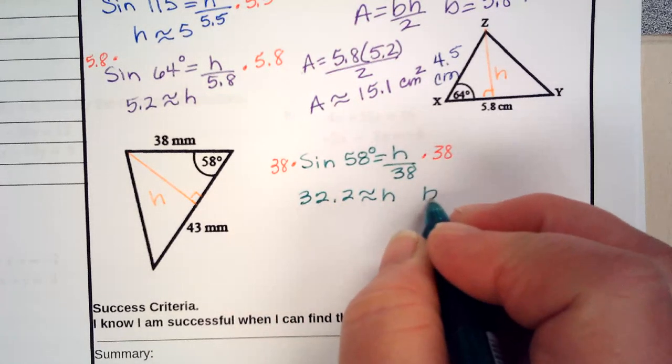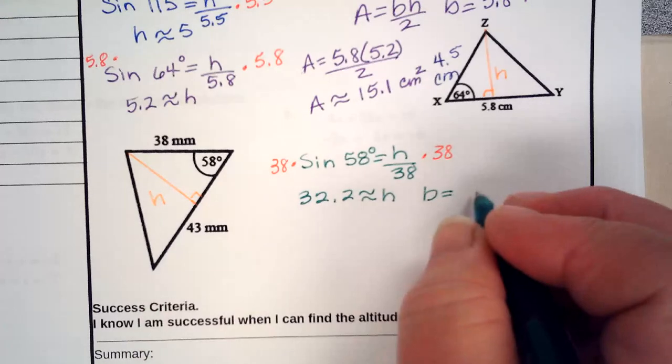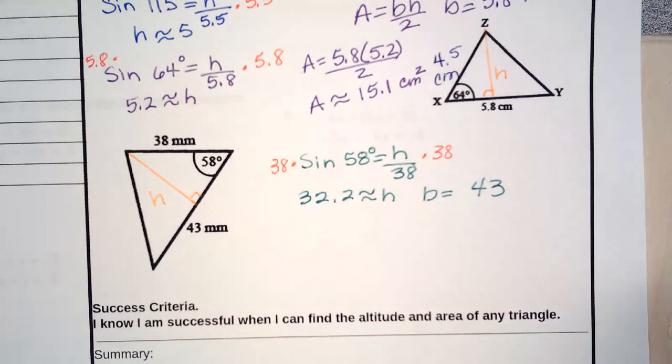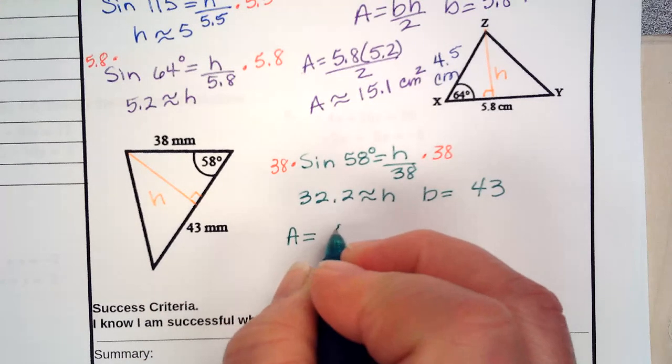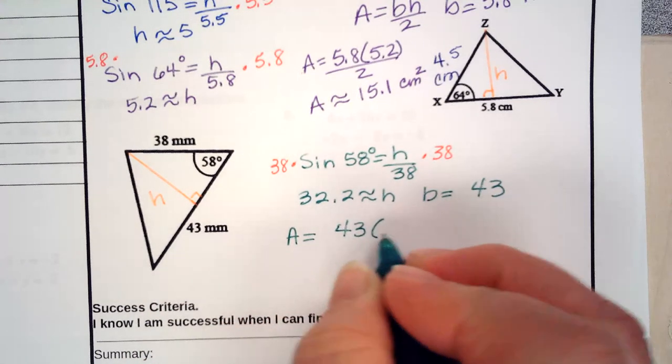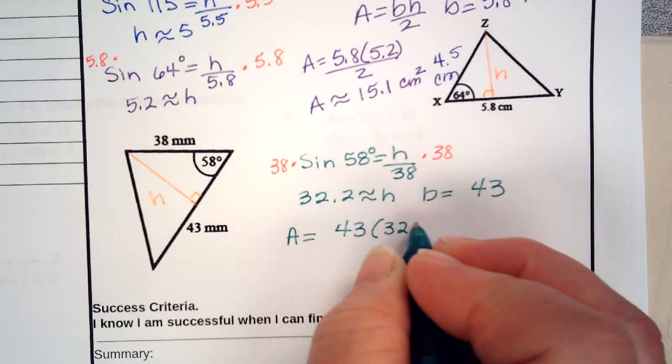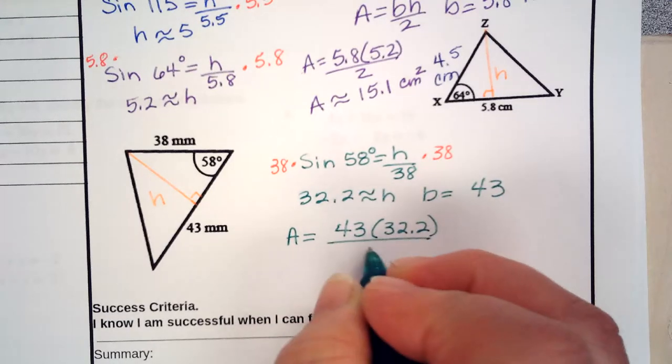Now my base is 43. Putting it all together, my area will be 43 times 32.2 divided in half.